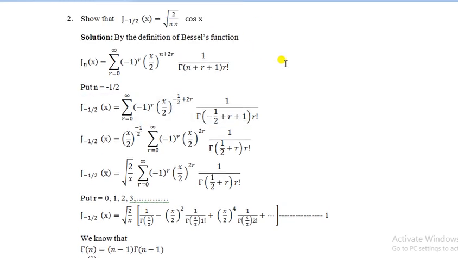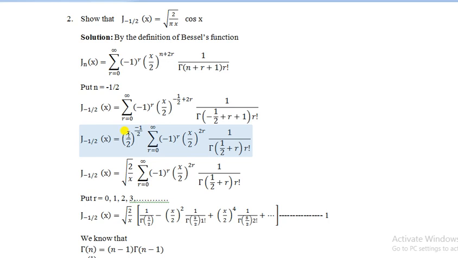So substitute n equal to minus 1 by 2. So the power becomes minus 1 by 2 plus 2r, 1 by gamma of minus 1 by 2 plus r plus 1, r factorial, and take this x by 2 raised to minus 1 by 2 outside the summation symbol and rewrite the function here.